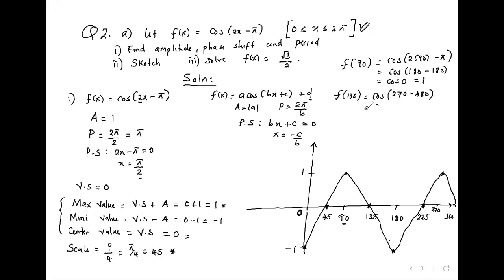What do we get? We get 90. Cos 90 is 0. So I just need one angle and I'll be able to sketch cos.